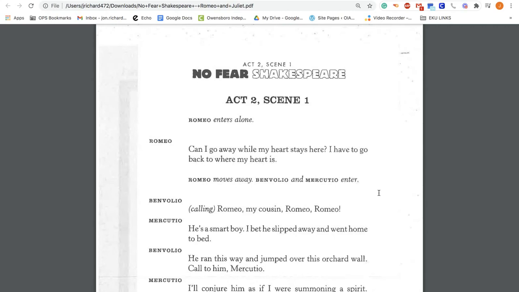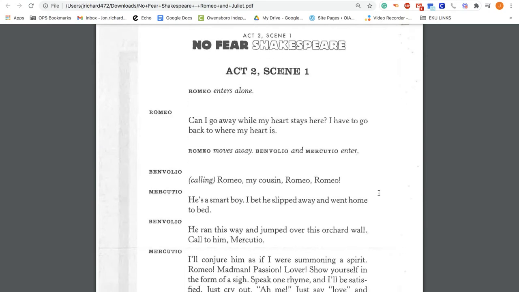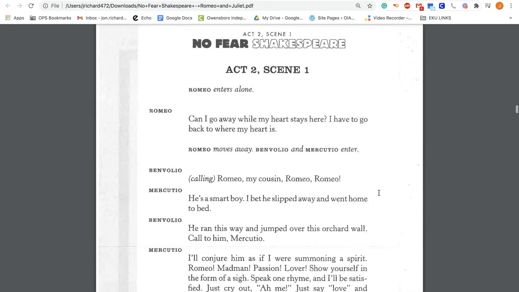So Benvolio and Mercutio are going to come out, and they're more light, okay? And they're more playful, and you'll hear that. And we're going to hear some more kind of scandalous, rude talk from these two. So caution, they're going to talk about sex. It's nothing terrible, but there are some jokes going to be made.